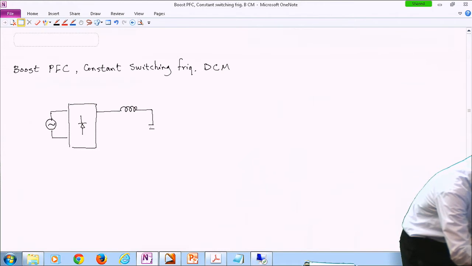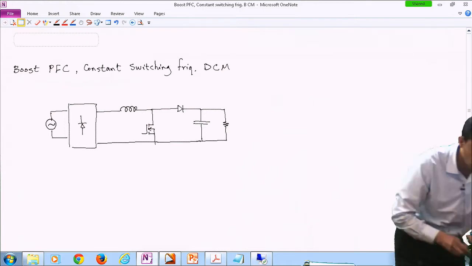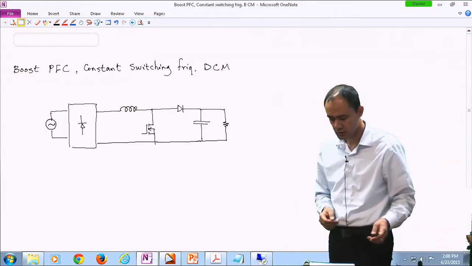So let's this time use a MOSFET. All right, so something like this.